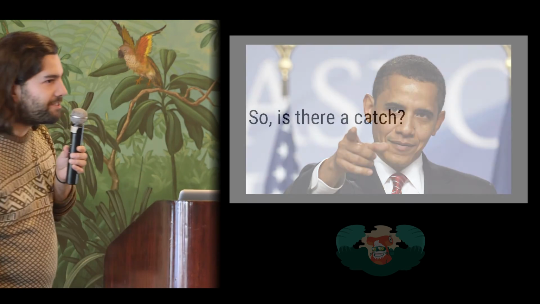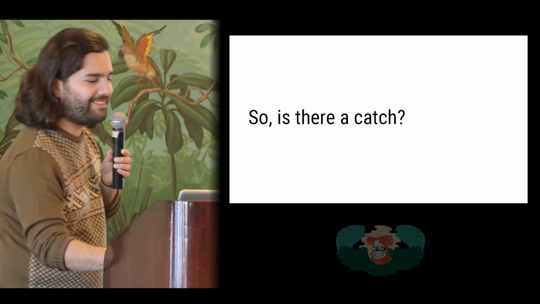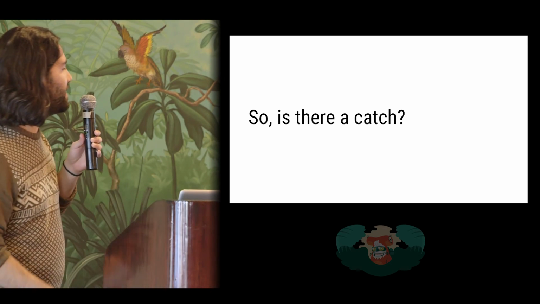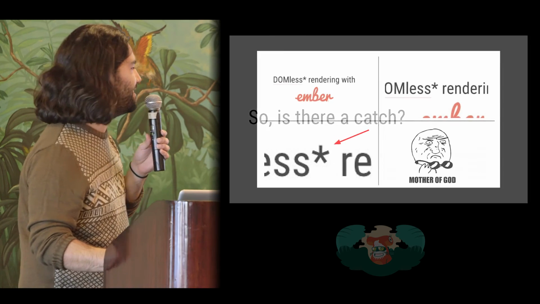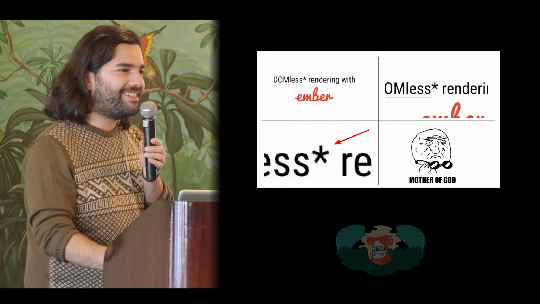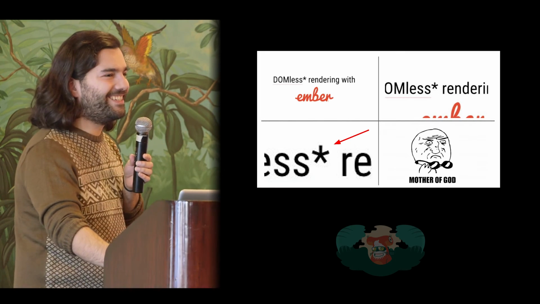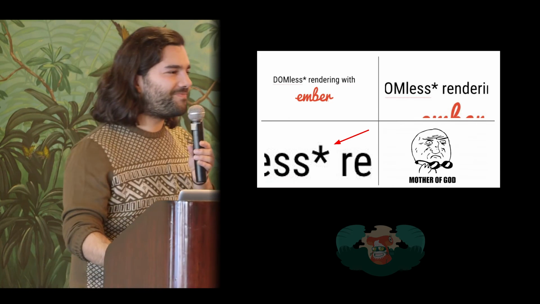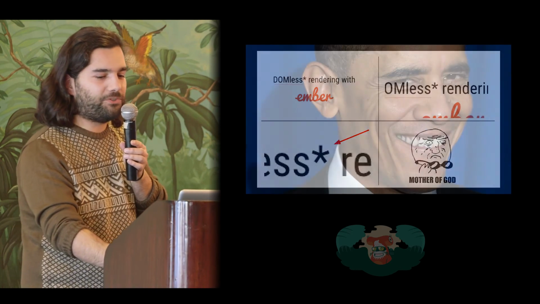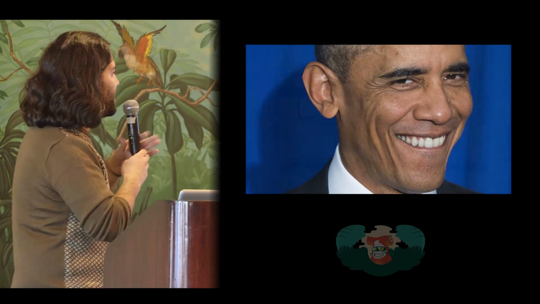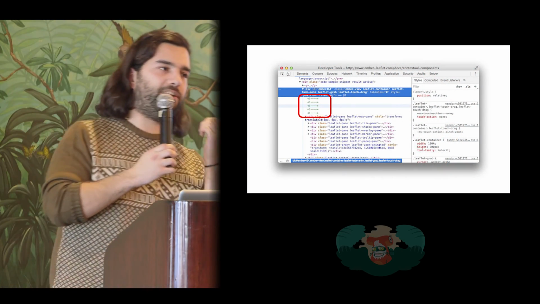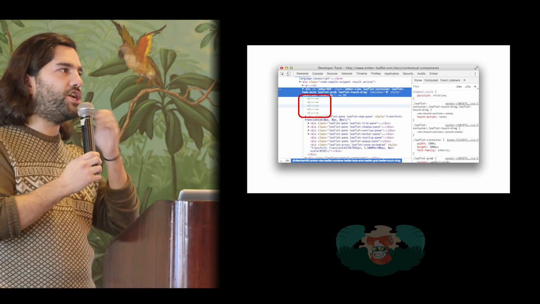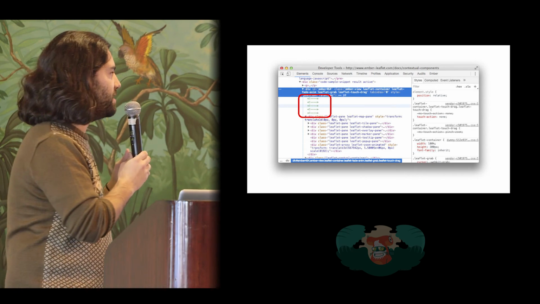So is there a catch? Yeah. I don't know if you noticed, but in the title of this talk, there's a little asterisk. That's right. Fortunately, the catch isn't too bad. This is the catch, right? You can't actually not render DOM with Ember components.